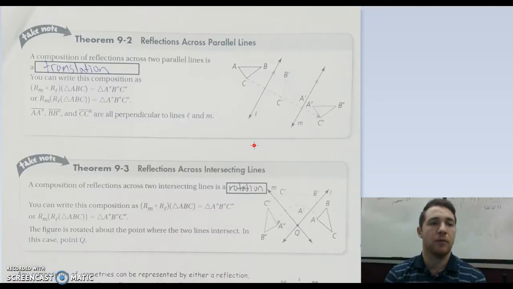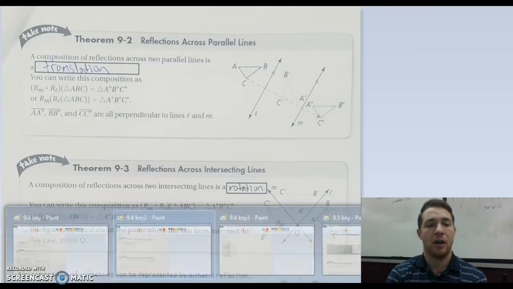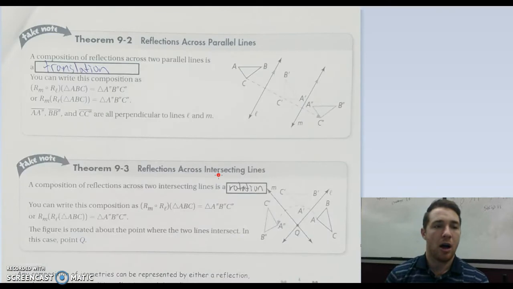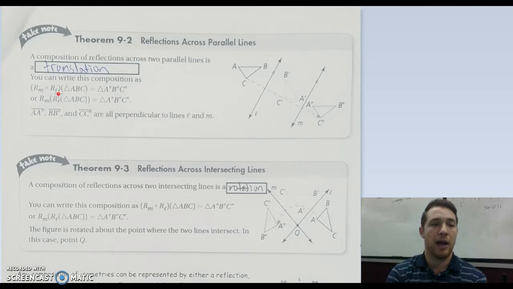So a composition of reflections across two parallel lines results in a translation. Looking back at that last question, I could make a translation by making two parallel reflections, so I had two vertical reflections there. And we can write this composition in shorthand as a reflection over M after a reflection over L of that triangle ABC results in a triangle A''B''C'' because I've made two movements.